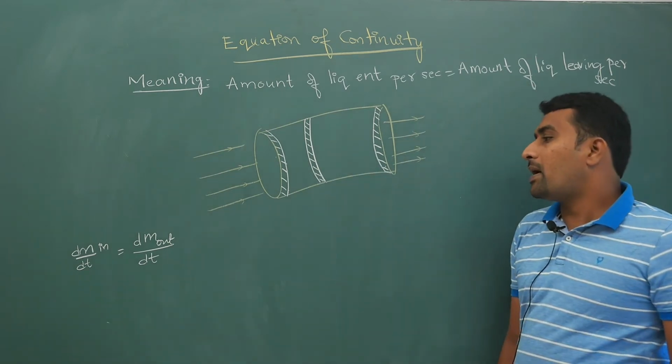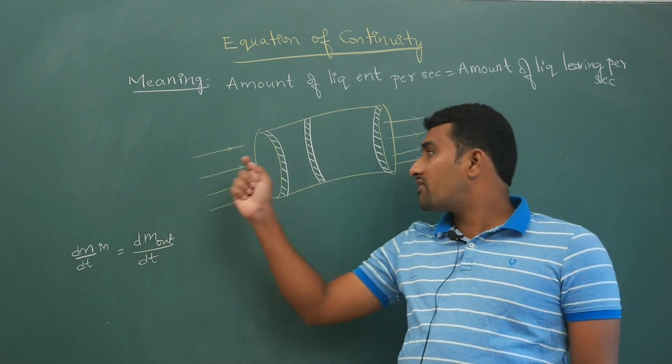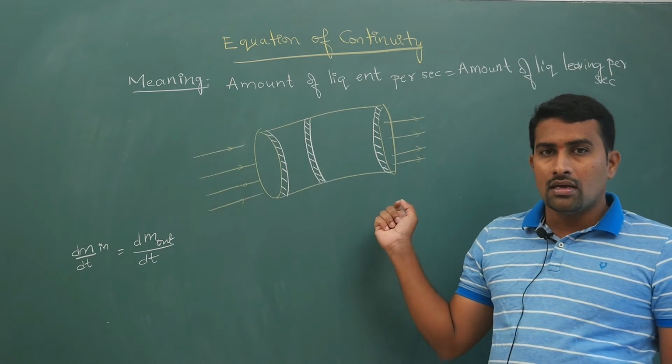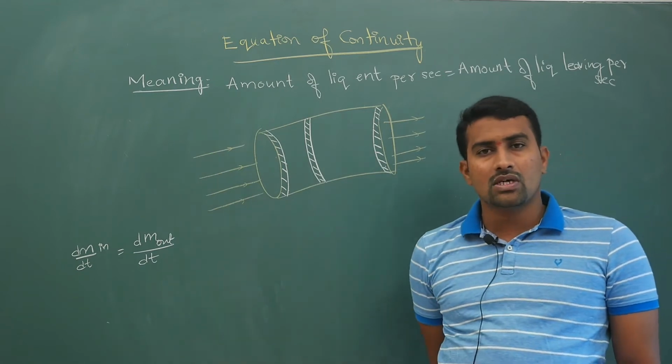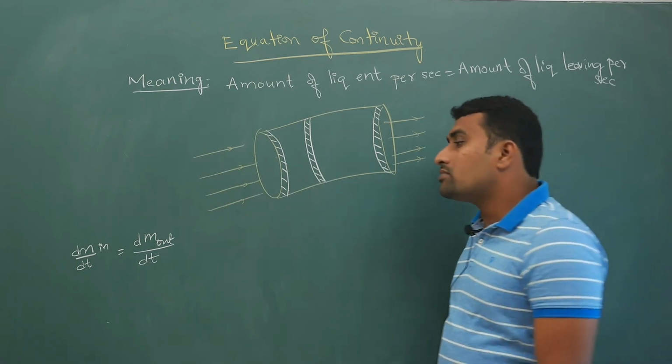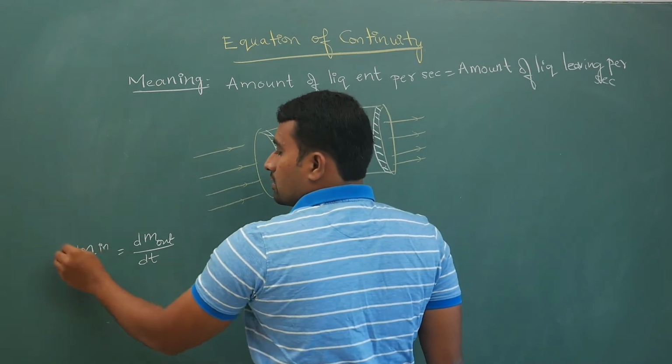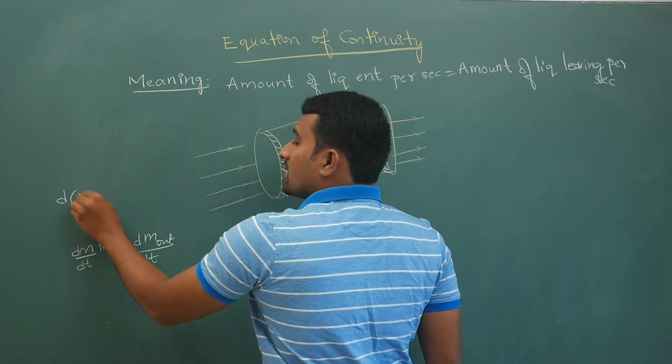Per unit time, how much mass of liquid enters, that much will leave if you are considering it in terms of mass. In terms of volume, I will tell you why I did this.